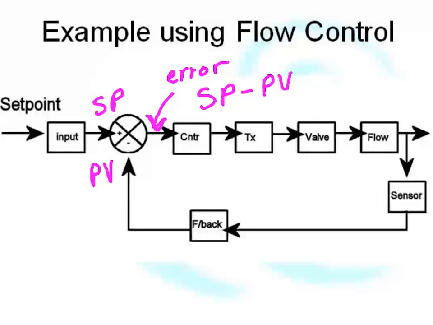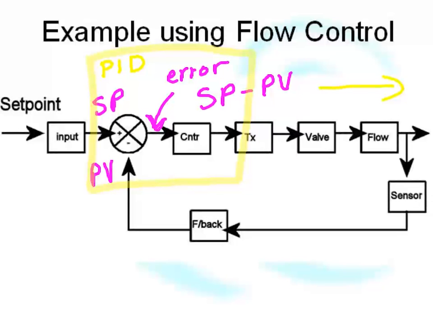We've already looked at PID, so if I was to say that this section here, that's effectively the PID block. That's what the PID block does. It compares the set point to the process variable, which is the feedback, and calculates an error, and then based on that error, it makes a decision to output to a valve.